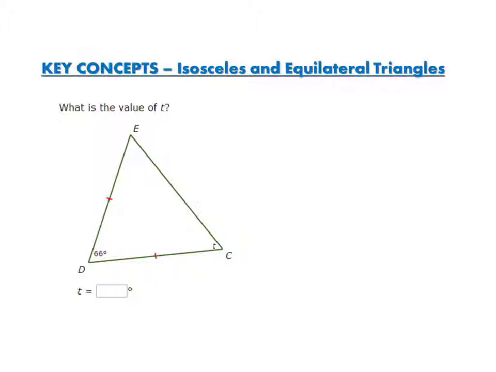The first question is, what is the value of t? I notice I have two congruent sides and a vertex angle. There's the vertex angle. The three angles have to equal 180, and because I know the vertex angle, that means these two angles must be the exact same measurement. So I'm going to start by taking 180 minus the base angle, which gives me 114.